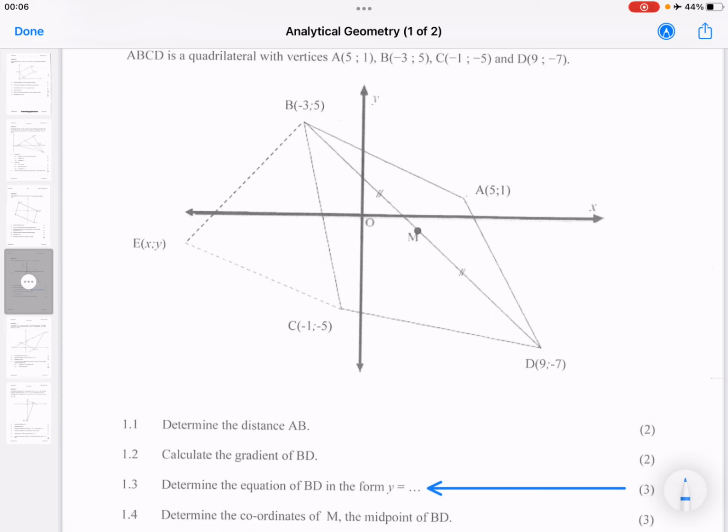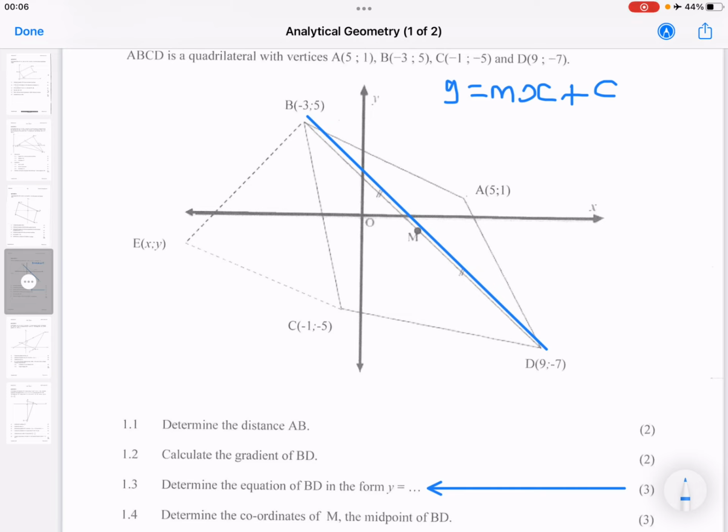So let's see, 1.3, determine the equation of BD in the form y = ... So let's see, where is B, where is D? That same line, BD. They want you to determine the equation of that line in that form. Obviously, it's a straight line, so that means it has to be in this form of y = mx + c.